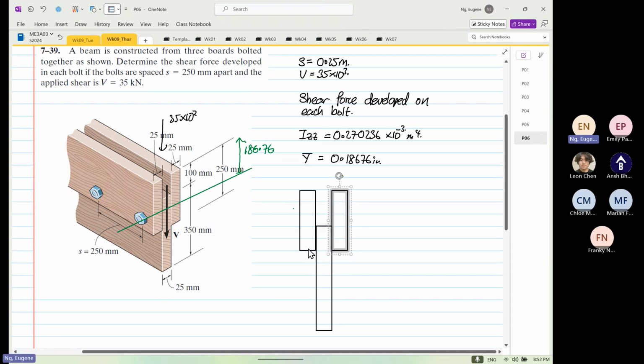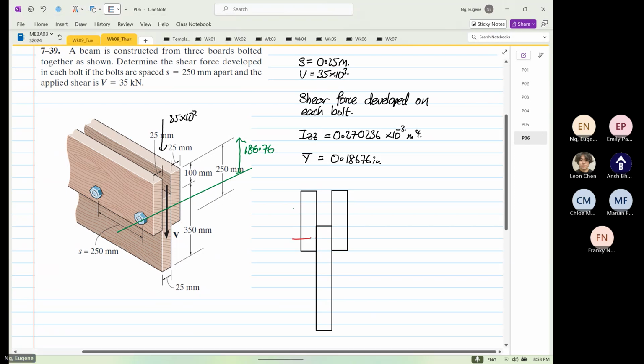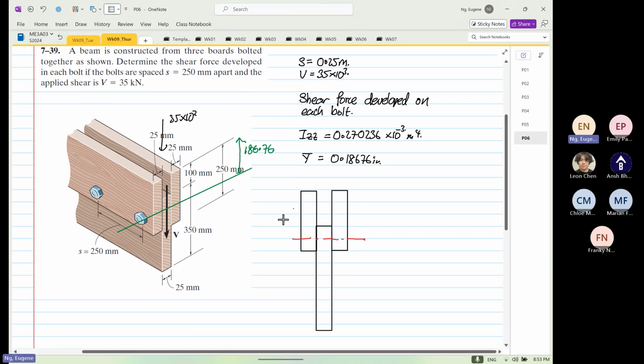And then we have our fastener going through here. And then we have our geometric centroid over here, somewhere around here.